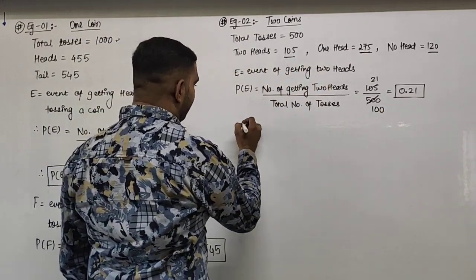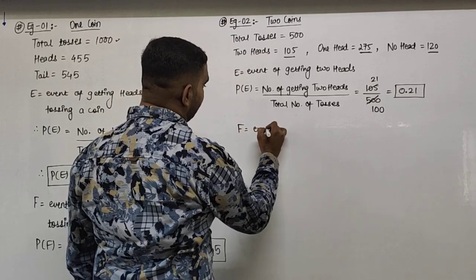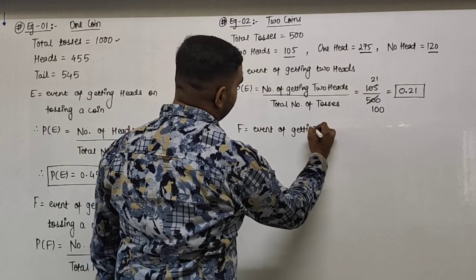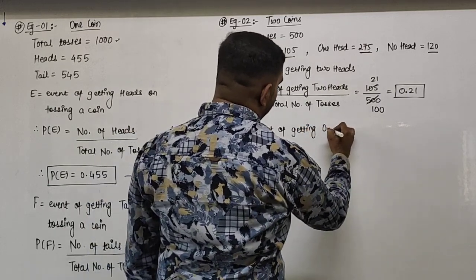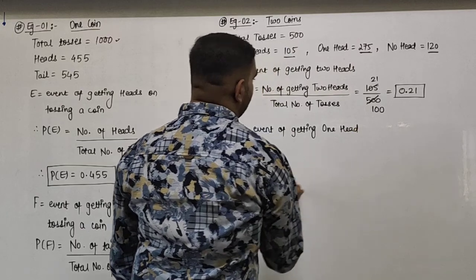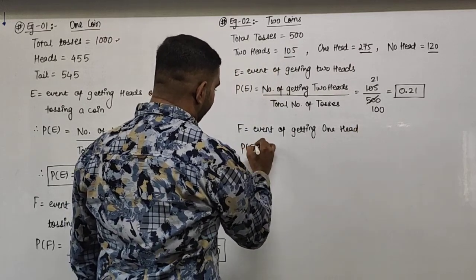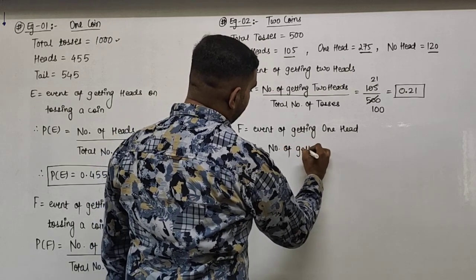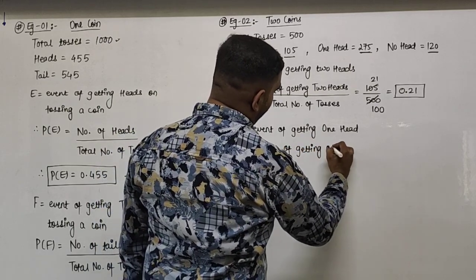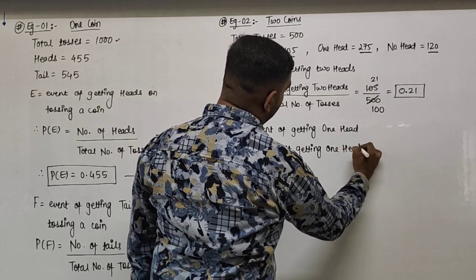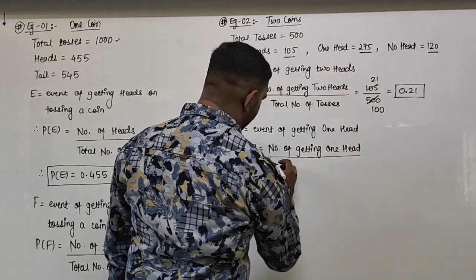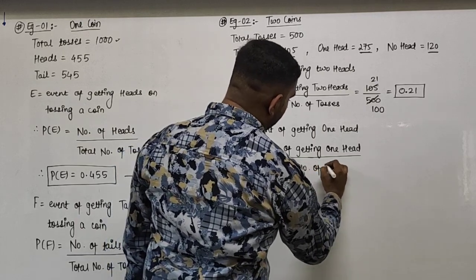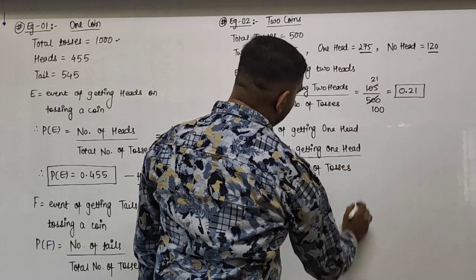Similarly, for F, that is the event of getting only 1 head, the probability of F is the number of getting 1 head divided by the total number of tosses.